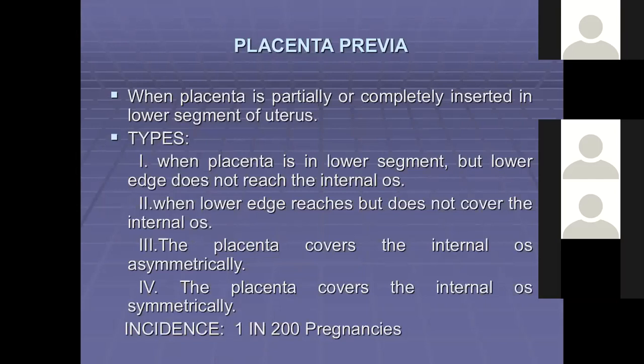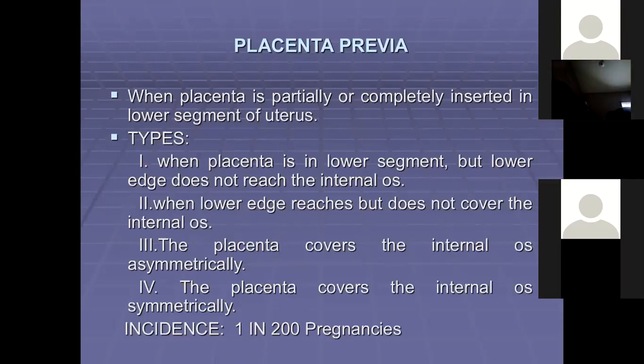So first, placenta previa. Basically, when the placenta is partially or completely inserted in the lower segment of the uterus, then it is called placenta previa. There are different types of placenta previa: type 1, type 2, type 3, and type 4. In type 1, what happens? The placenta is in the lower segment, but the lower edge does not reach the internal os.